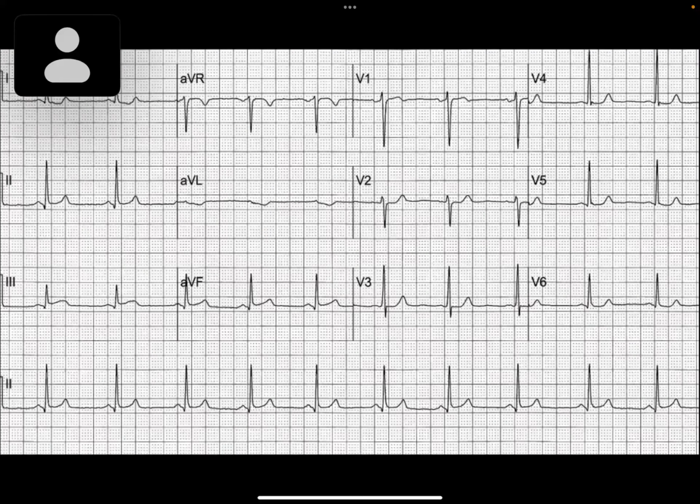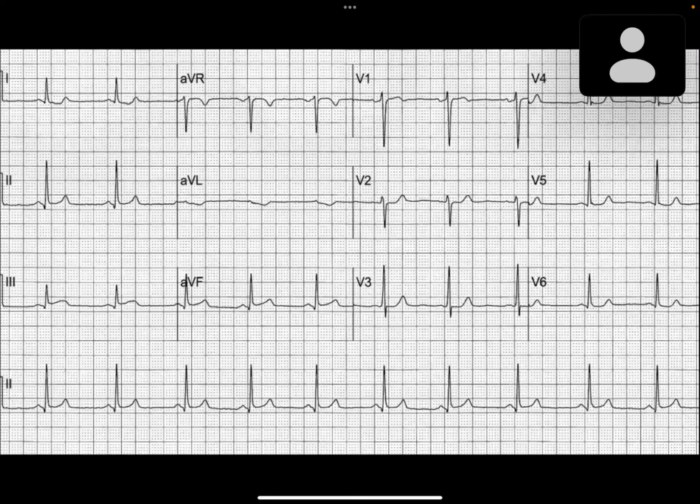By this ECG, can anyone tell me where the ST elevations are? So we have the rhythm strip here. Lead 2 and 3. Okay.